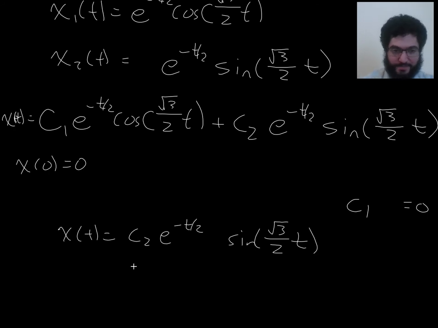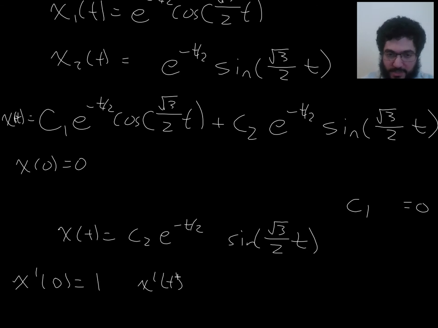Now I'm going to impose the initial condition x prime of 0 equals 1. To impose this, I need x prime, so first I need to take the derivative to get x prime of t. Now there's going to be a product rule. By the way, notice that I'm lucky that I chose an initial condition here that kills the first term. Not lucky, actually. I chose it because I'm lazy and I didn't want to do such a long example.